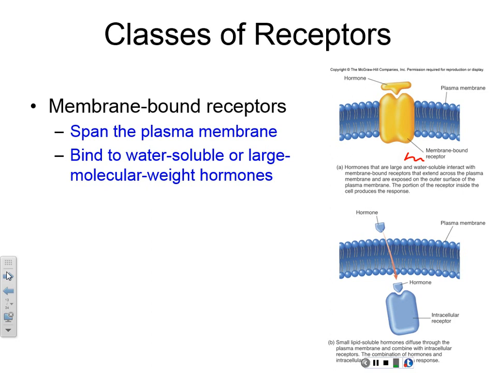So those are the membrane-bound receptors. There are two kinds of these membrane-bound receptors for protein hormones.